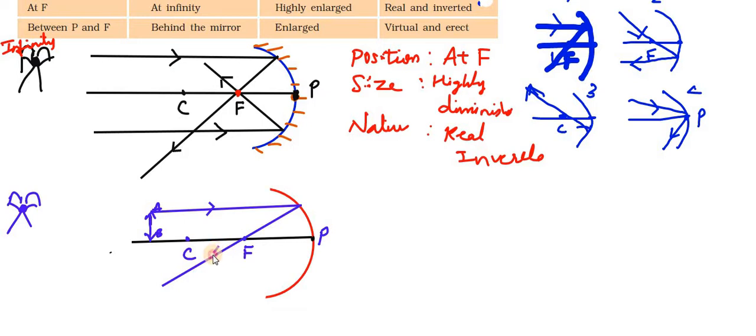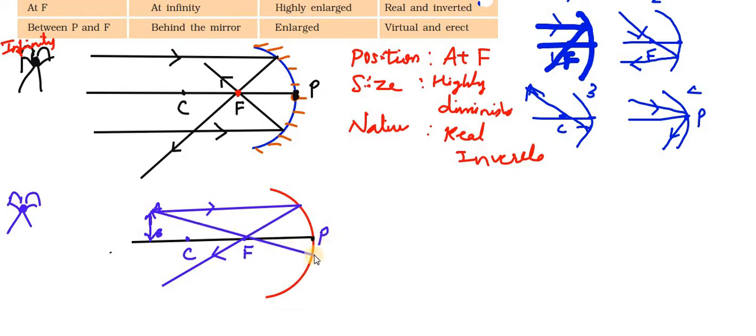And suppose a ray of light is passing through the principal focus. Then when it is going back, where will it go?